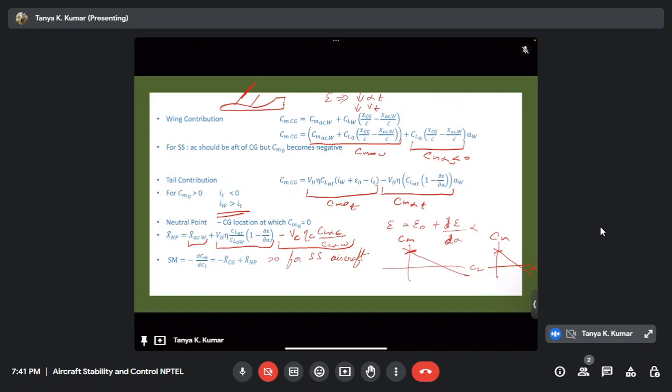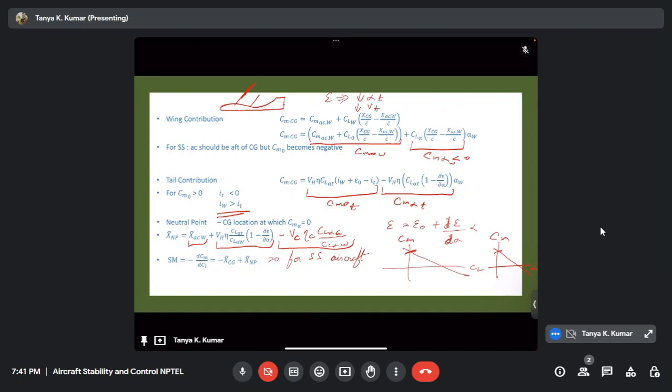We had done one question on this in week 2 or 3 again, where this question was asked. You need to remember that both these intercepts are different. They're not the same value. They will be the same only in the case of a symmetric airfoil. But for other kinds of airfoil, other cambered airfoils, reflex airfoil, or any other shape, these two intercepts will not be the same. So please keep that in mind while solving the questions. The two intercepts are not the same.